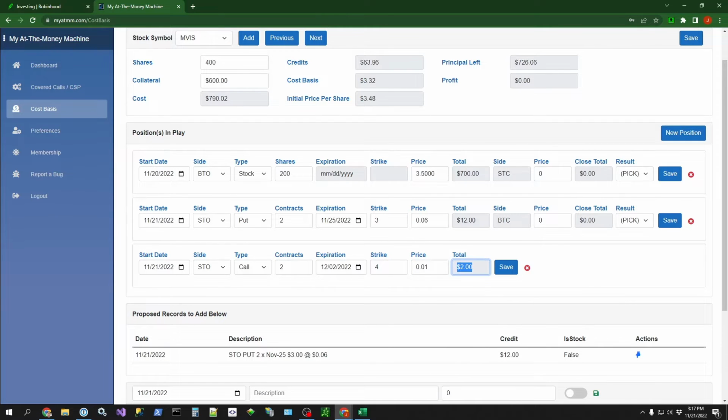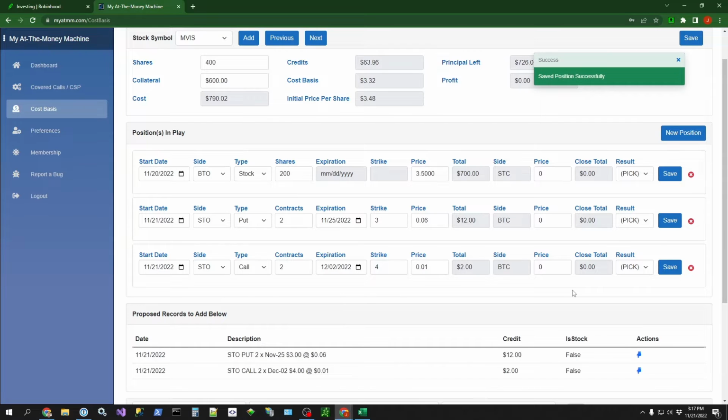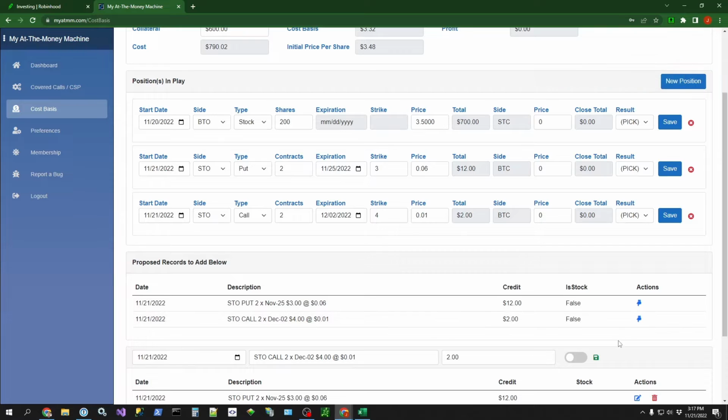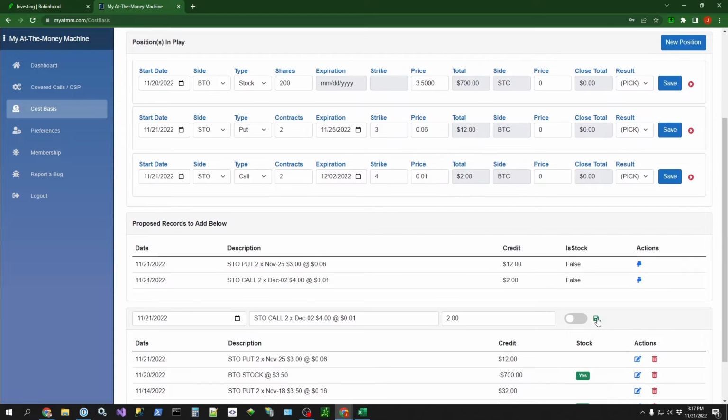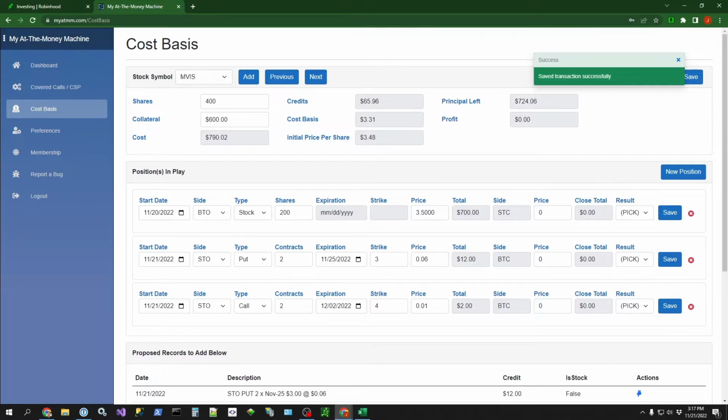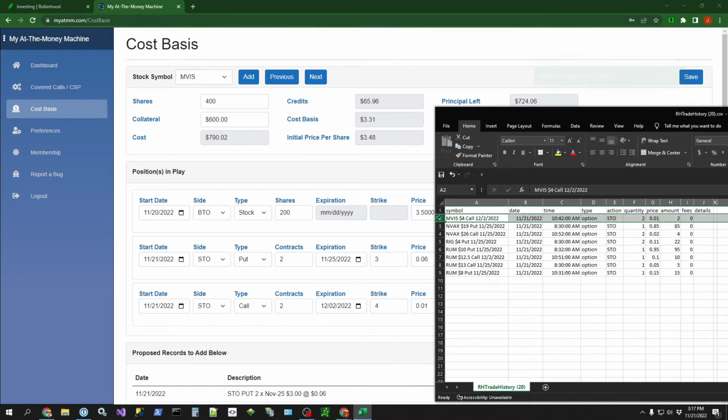So not much action on that one, but I am getting to play both sides. So one of them is definitely 100% a winner, and the other one may or may not get called. So no big deal. Record that. Save it, I mean. Okay, there's MVIS done.